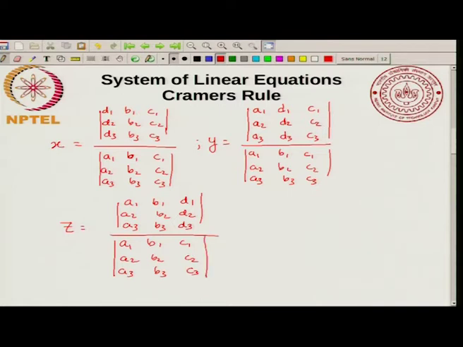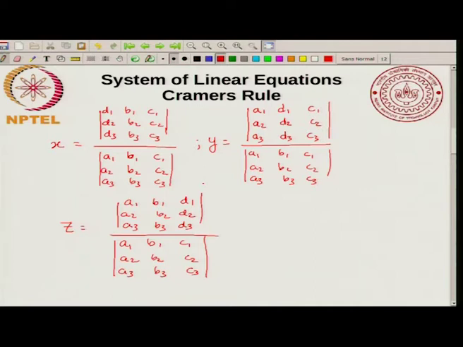So, what we did is we have this determinant of the matrix, and the denominator for x, y, z is the same. In the numerator, in the case of x you replaced the first column with d1, d2, d3. In the case of y, you replace the second column with d1, d2, d3. In the case of z, you replace the third column with d1, d2, d3.